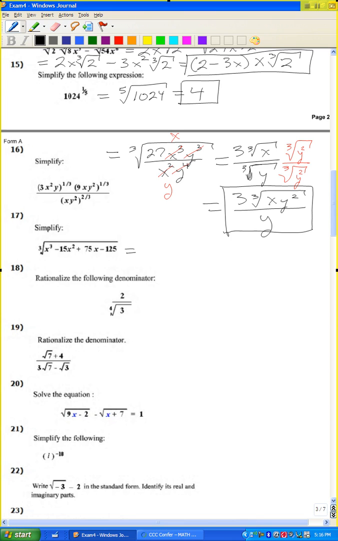Cube root of x cubed minus 15x squared plus 75x minus 125. Well, x cubed minus 15x squared plus 75x minus 125, that's just a perfect cube trinomial.